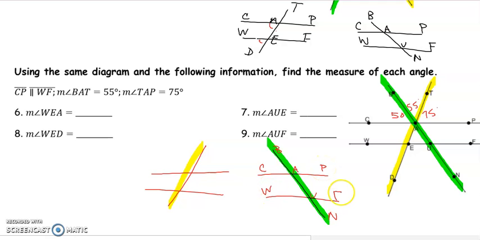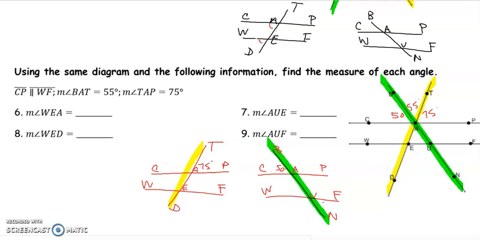The yellow line has T, A, E, D. I label my parallel lines again. Now I can go fill in. Well, BAC is 50. TAP is 75. Notice I don't even have BAT because that is formed from two transversals, so it's not going to be in my little diagrams off to the side.